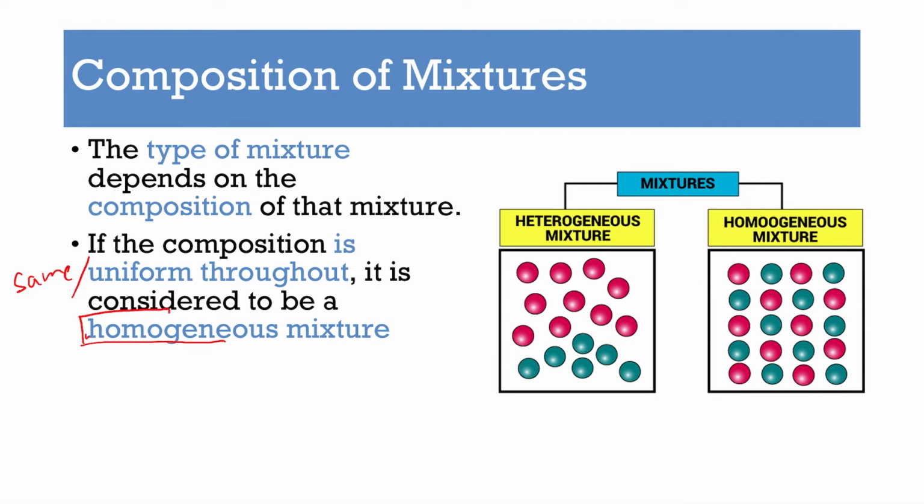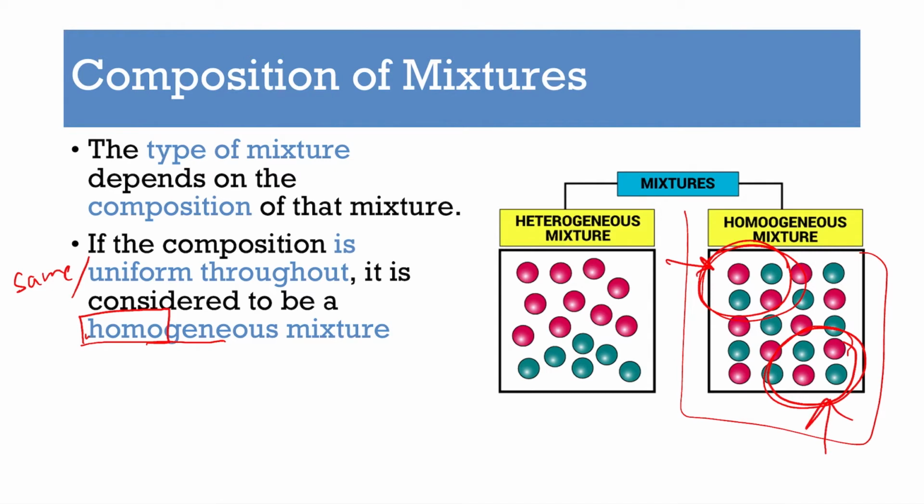Now homo, the prefix, literally means same. So in this picture of homogeneous mixtures, if you take a sample from that corner, or if you take a sample from this corner, you're getting the same pieces. So here you have 2 pink and 2 green. If you take from down there, you have 2 pink and 2 green. The composition is constant. It is the same. It is uniform throughout. That is what homogeneous mixture means.